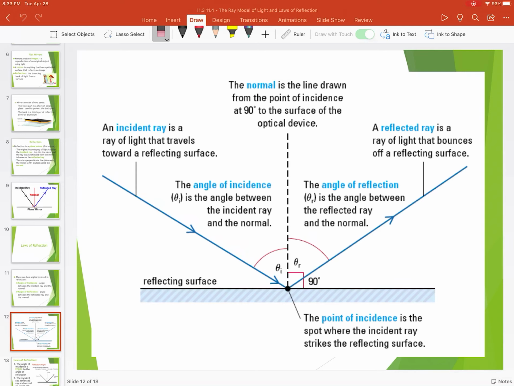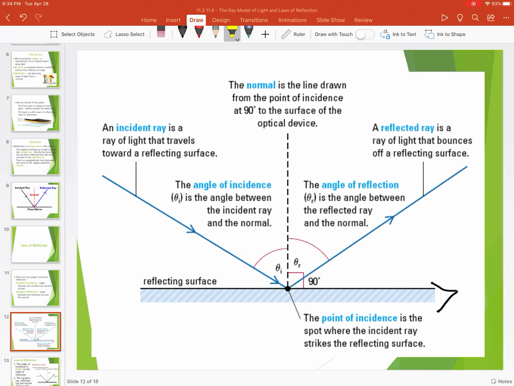The first thing we want to make sure we understand is that the reflecting surface, or this area here, is the mirror that's being represented. The reflecting surface is that black line that's showing the light bouncing or reflecting off.